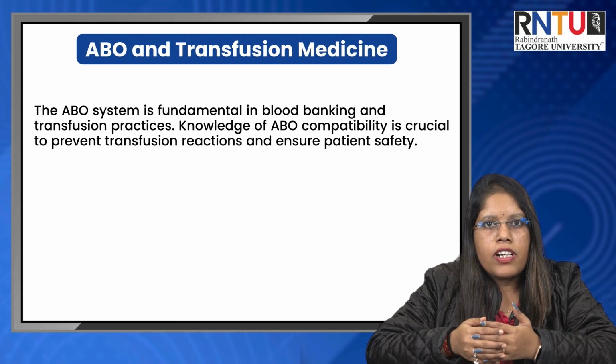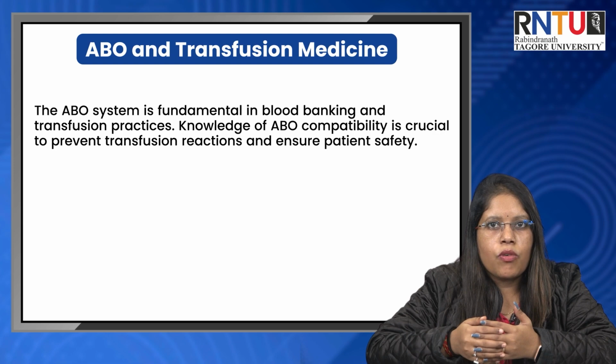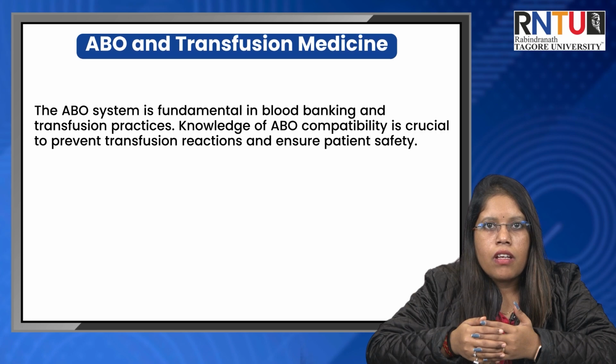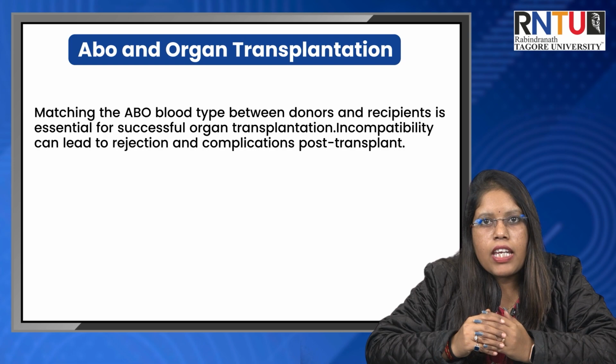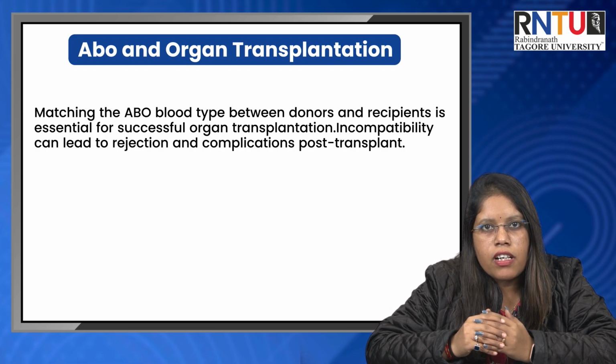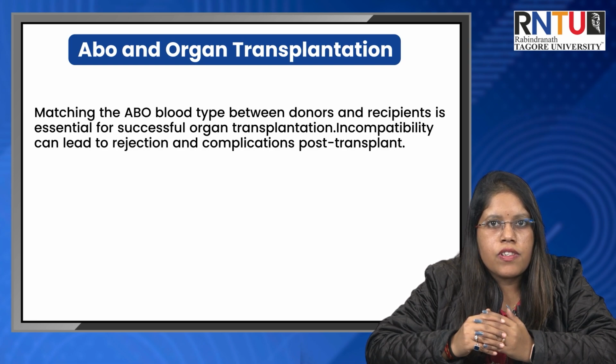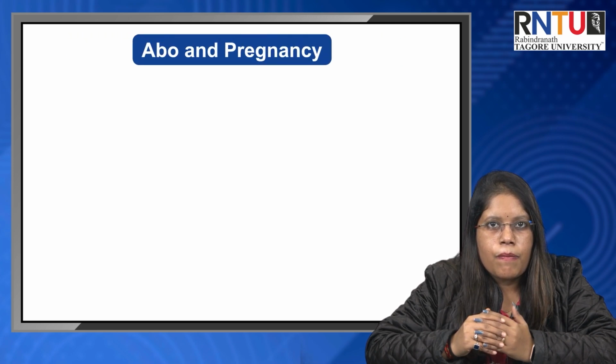ABO blood group system is fundamental to blood banking and transfusion practice. Knowledge of ABO compatibility is crucial to prevent transfusion reactions and ensure patient safety. In ABO transfusion, matching the ABO blood group type between donor and recipient is essential for successful organ transplantation, and incompatibility can lead to rejection and complications post transplant.